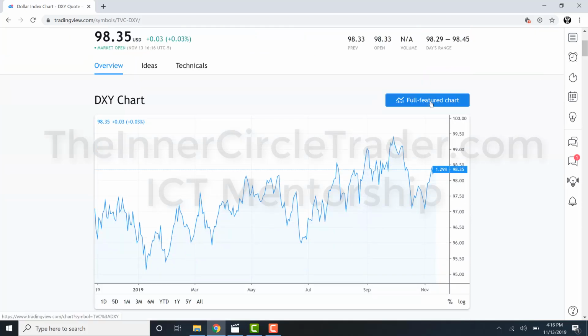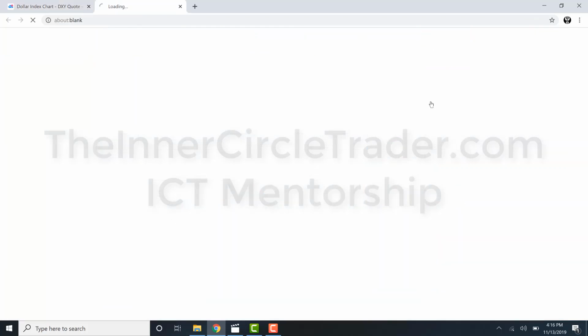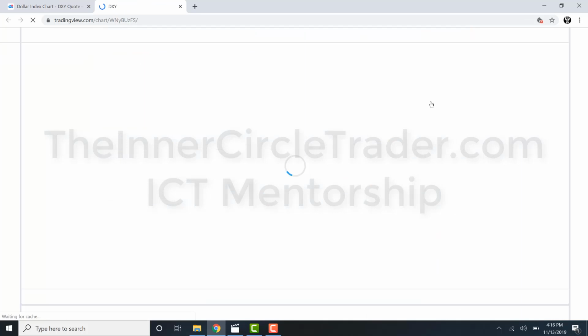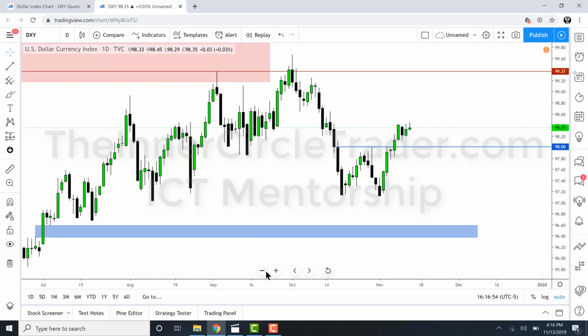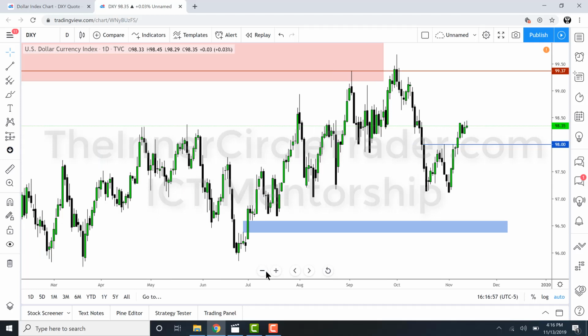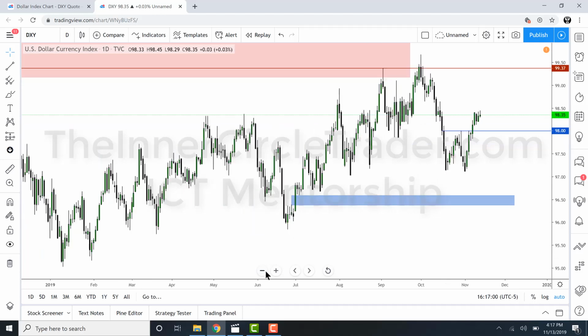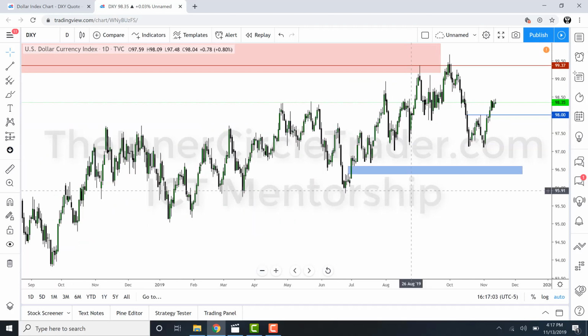Then you're going to click on full featured chart, and zooming out. Okay, there's our dollar index chart.